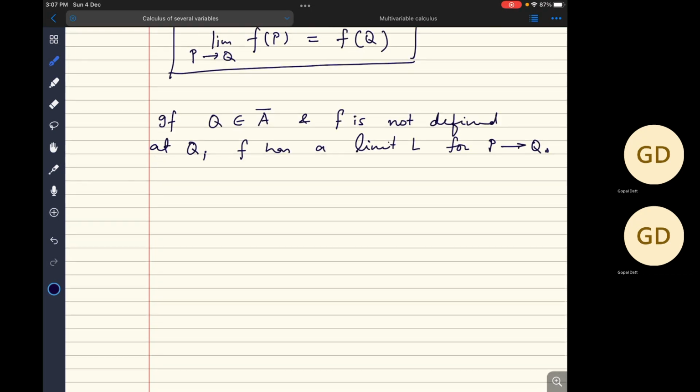We can extend this function F naturally and define another function which will be continuous at the point Q.